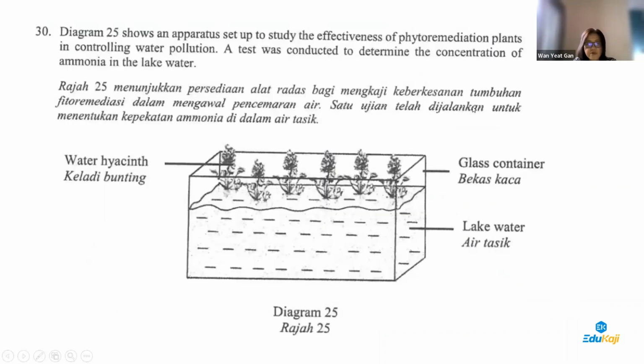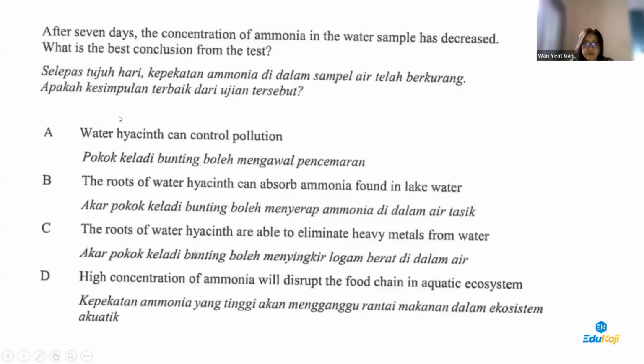Diagram 25 shows an apparatus set up to study the effectiveness of phytoremediation plants in controlling water pollution. A test was conducted to determine the concentration of ammonia in the lake water. So you have water hyacinth. Here the lake water contains ammonia. After 7 days, the concentration of ammonia in the water has decreased.